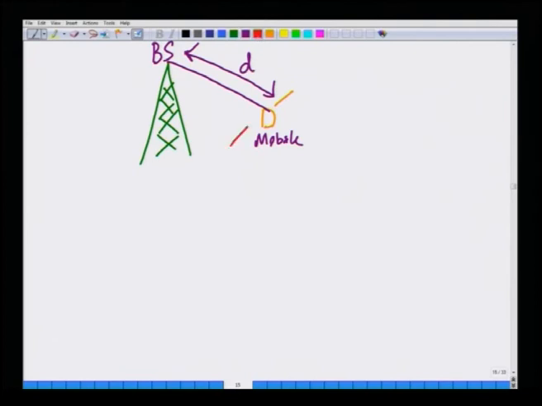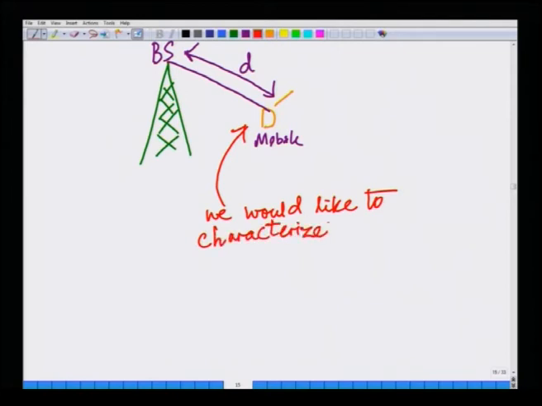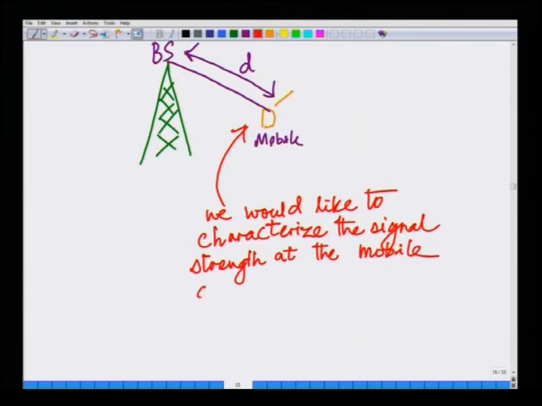Hence, we would like to characterize the signal strength at the mobile as a function of d.